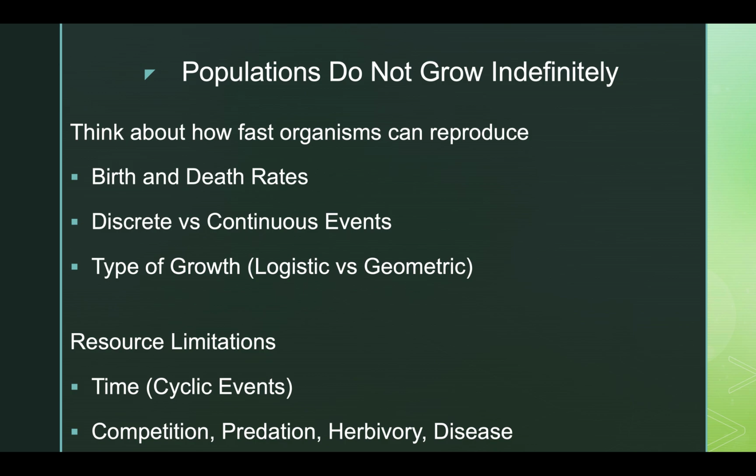We'll get into this a little bit, but sometimes there are natural events that will naturally curb the population growth. And then other things: we talk about competition, predation, herbivory, and disease. So these are effects from other organisms or parasites in the environment that would ultimately curb the ability of these populations to grow unchecked, right?